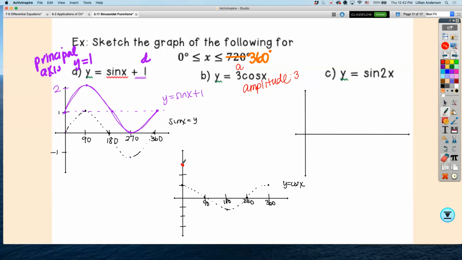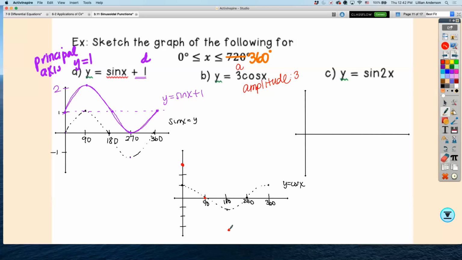Now this point that's at 90 degrees, 0, I can't stretch 0. 0 is where it stays, because 0 times 3 is 0. But this point at 180, -1 will now be at 180, -3. Remember, I'm vertically stretching it. So that means it's like I'm taking the ends and I'm pulling it to the top and pulling it down.